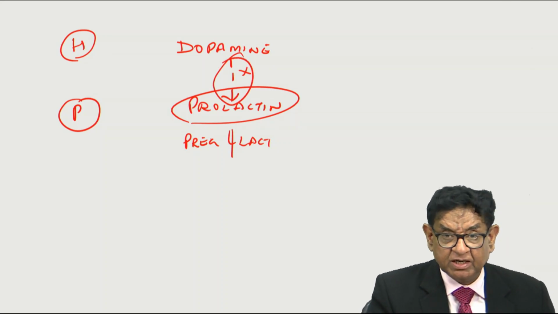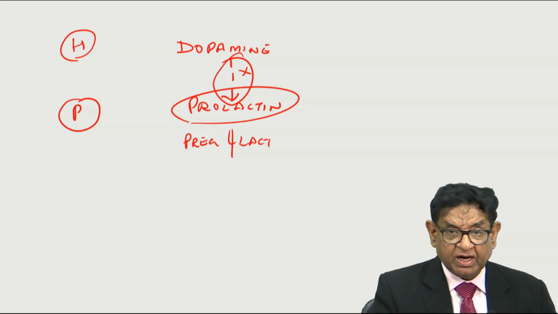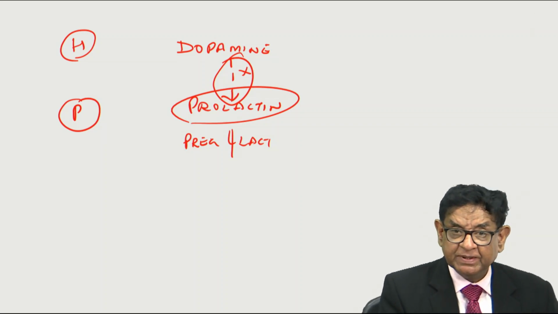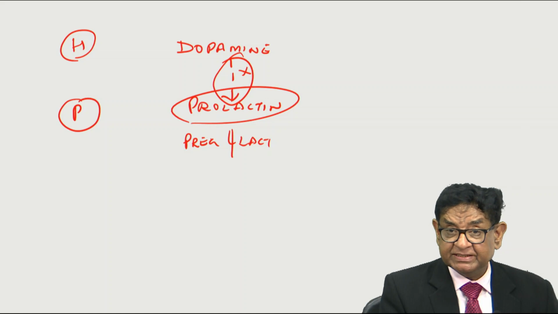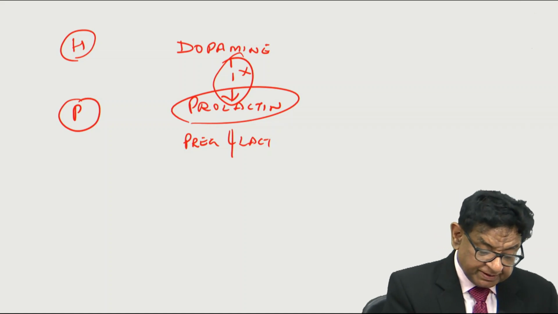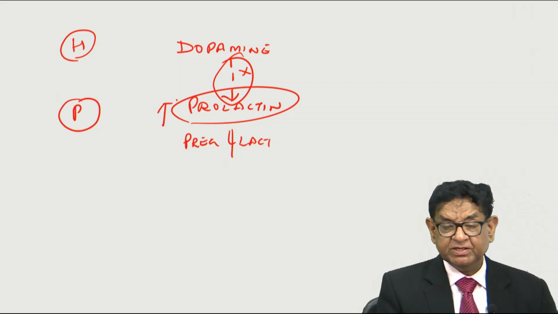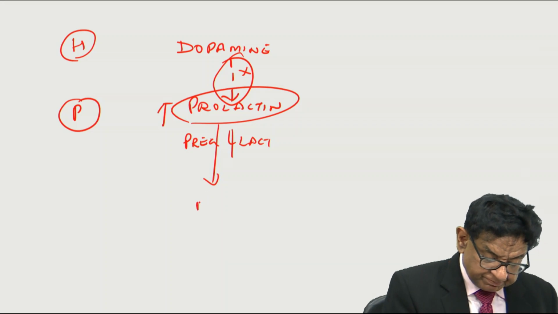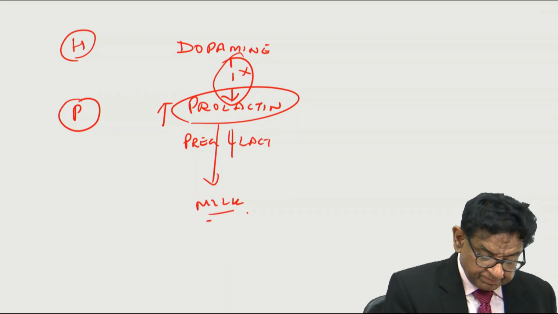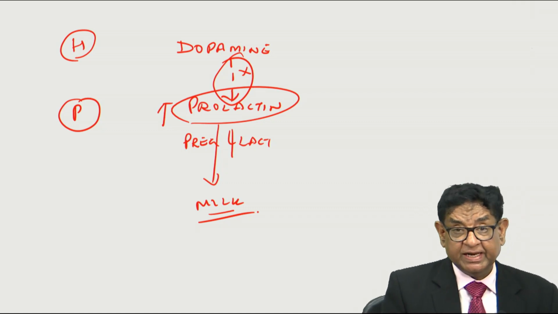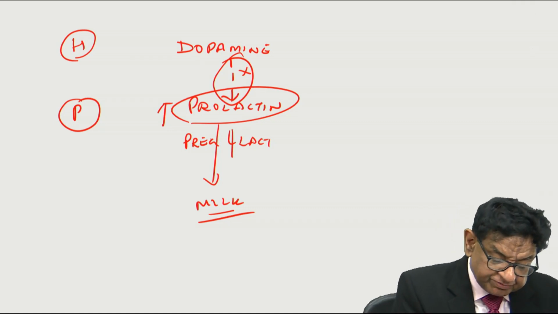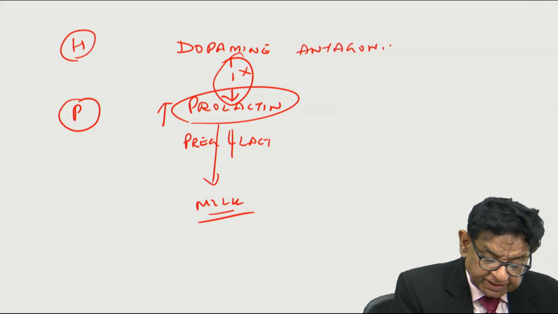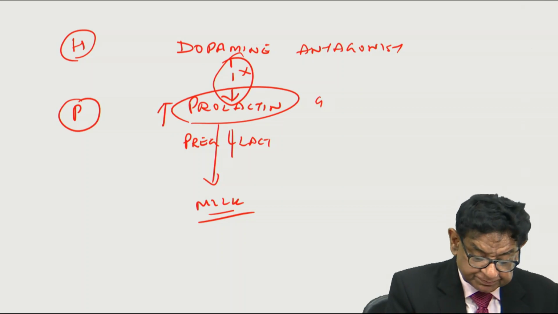That's why, when the handbrake is there, the car doesn't move. When you need to move the car, you remove the handbrake and you start the car. So the handbrake is there in all cases, all the time. But when we need milk, that is, as I told you, in pregnancy and lactation, this goes away. Now once the inhibition is gone, more and more prolactin in the blood leads to milk formation. This is the basic physiology of milk in the breast. Well, now any drug or any condition which is a dopamine antagonist will lead to increased milk, so-called galactorrhea.